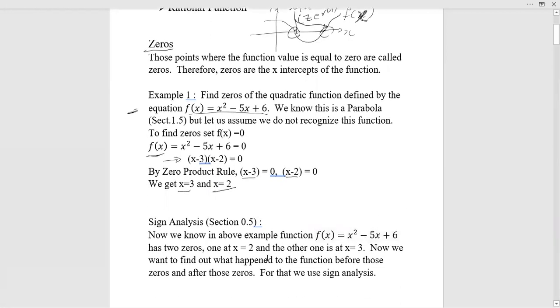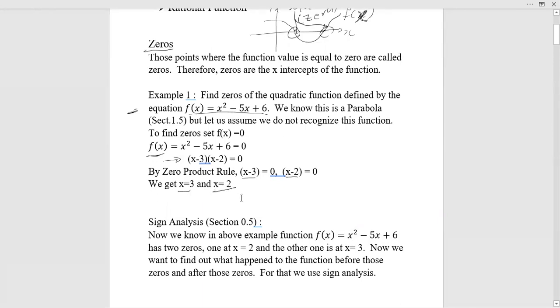We want to find out what's happening to this function outside these x values, right? When x equals 3 and x equals 2, its y coordinate is 0.